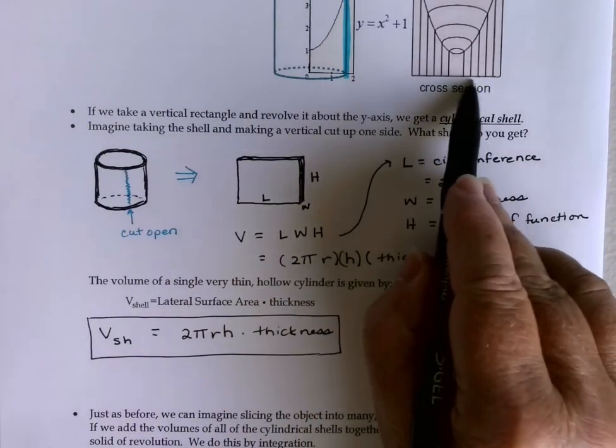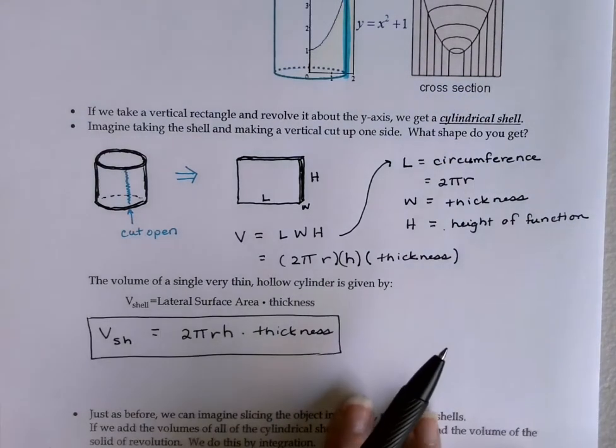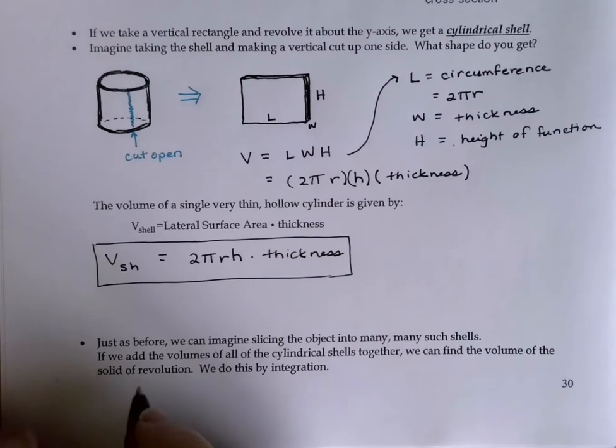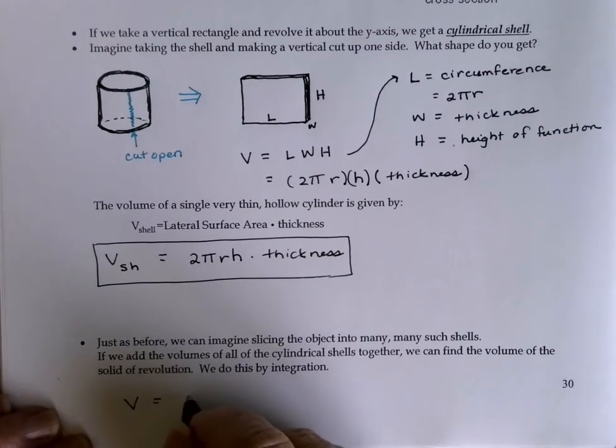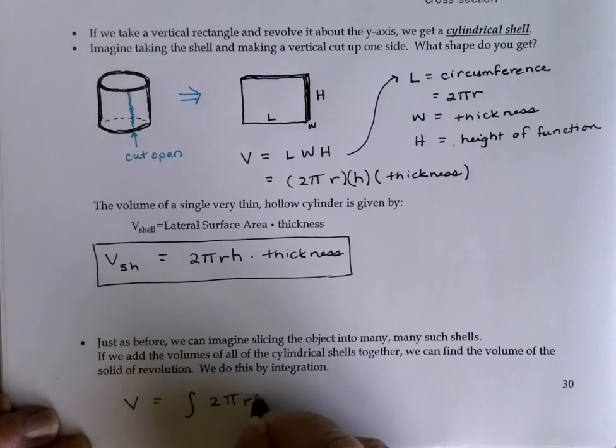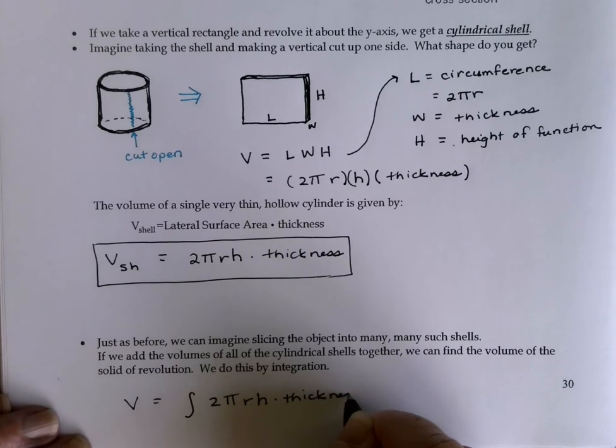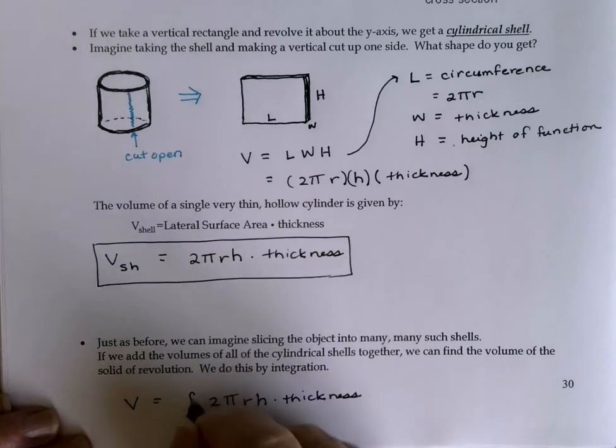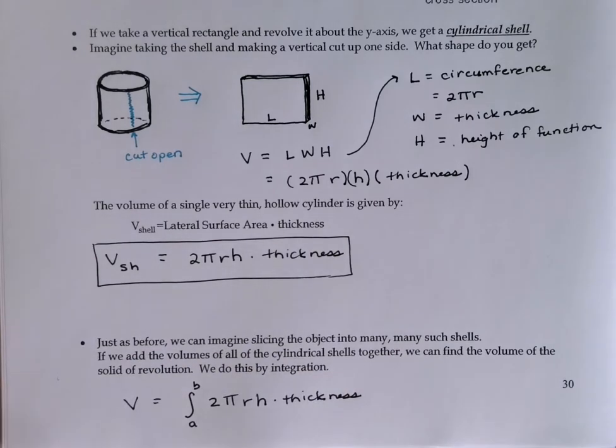There'd be a bunch of them that we would have to add up, or in other words, integrate, to find the volume of the entire solid. And so we'll integrate 2 pi rh times the thickness between whatever our limits of integration end up being.